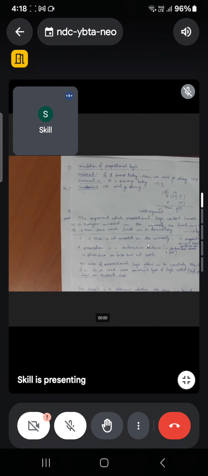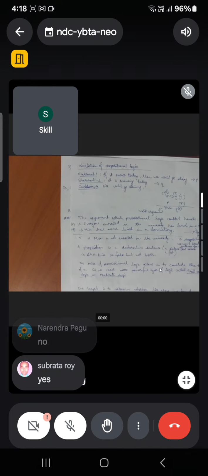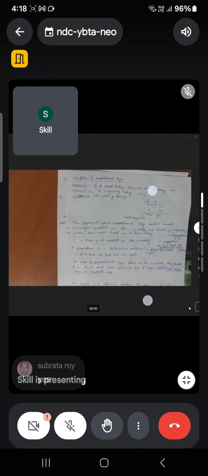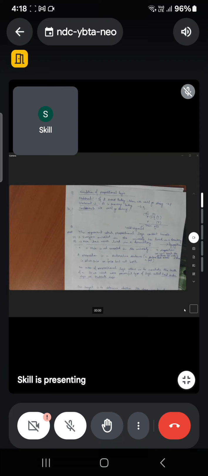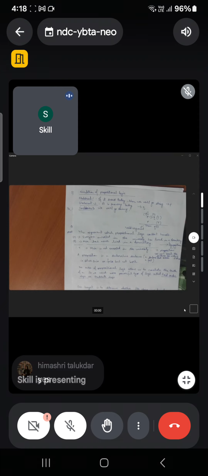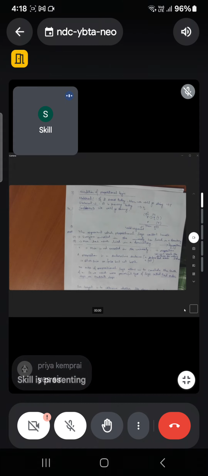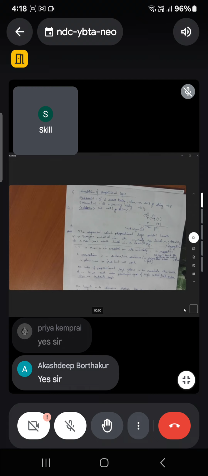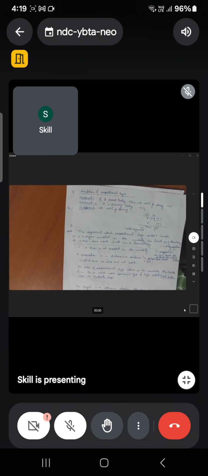Is it visible? I have shared it and I have focused it so it's visible now. Okay. So just go through it once. I have written it.